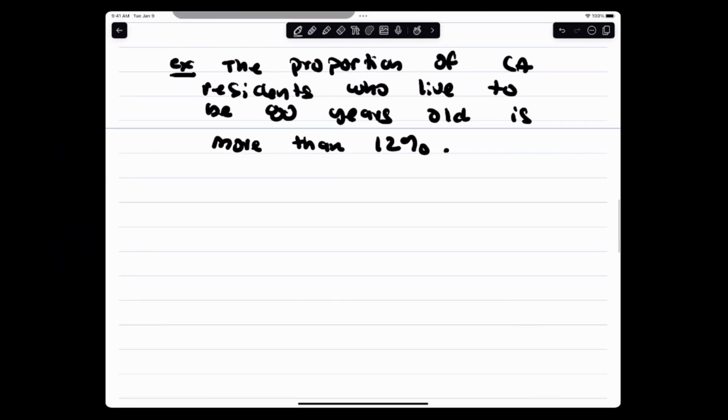So we're going to go out of the college student setting. We're just going to now talk about California residents. So here's your proportion here.